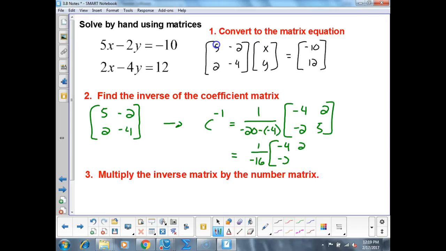Now, do I have to multiply in that negative 1/16? No, don't have to do it. Okay?